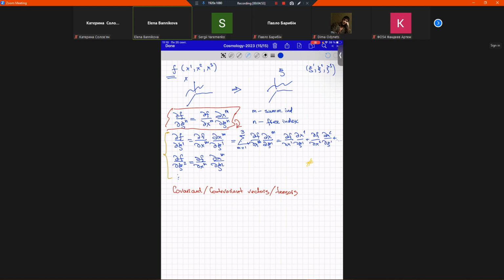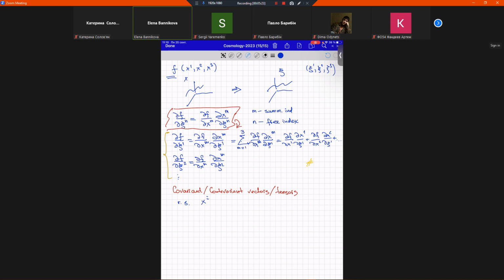In the first, I can consider that we have one reference system. Let's call it with coordinates x. In principle, it can be xi, so x1, x2, x3.